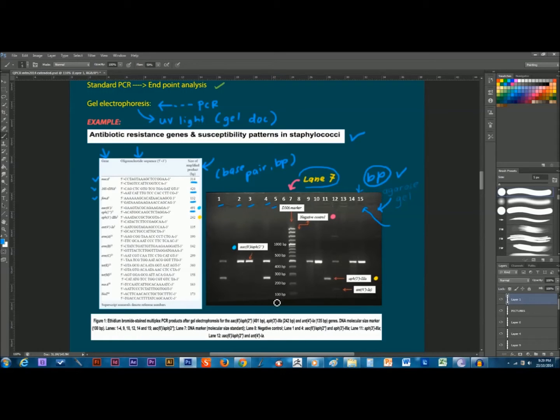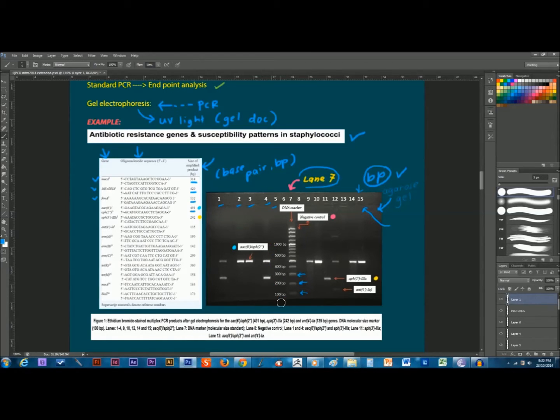This is the DNA molecular size marker, 100 base pair. That means every band here is 100 base pair. Okay, it starts with this one: 100 base pair, 200, 300, 400, 500, and up to 1000 base pair.